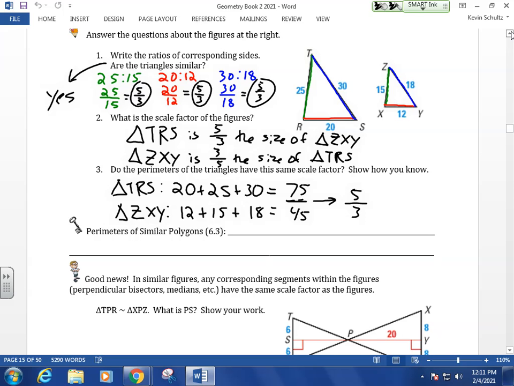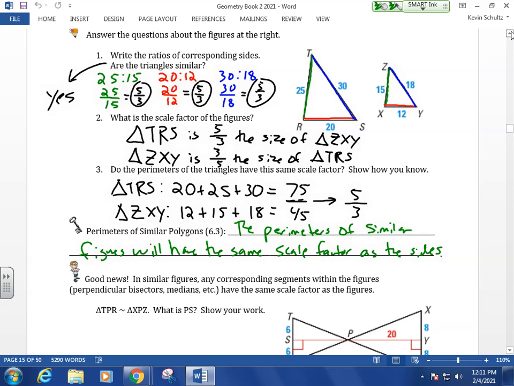Okay, and that brings us to the perimeters of similar polygons theorem, 6.3. This says that the perimeters of similar figures will have the same scale factor as those corresponding sides.